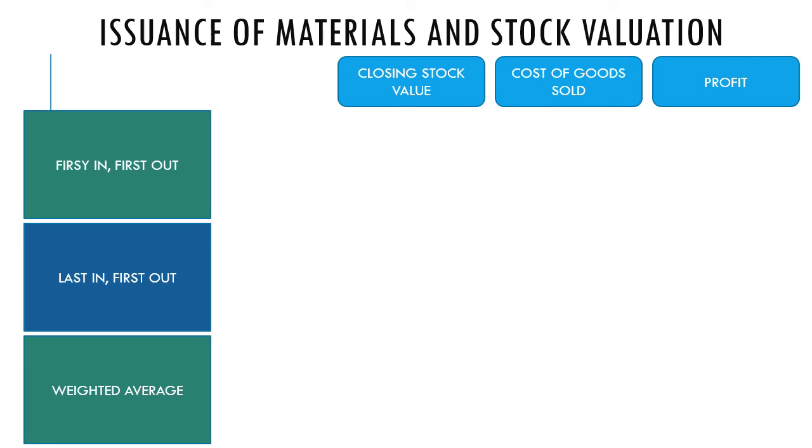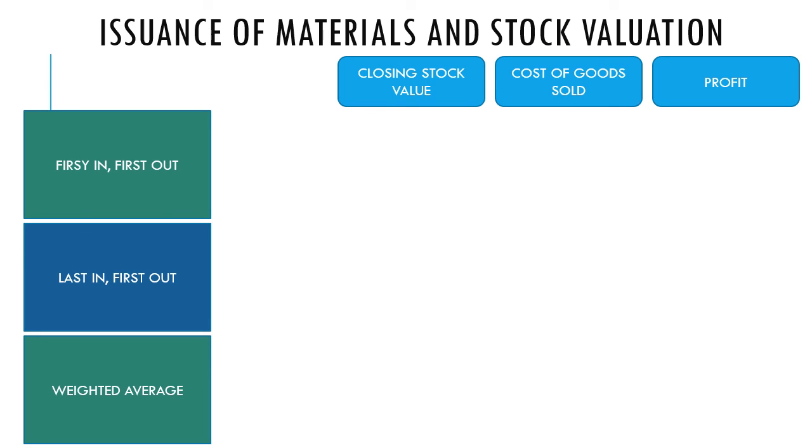Whenever you read through the question, sometimes the question doesn't clearly say which method to be used. But if you look at the first two questions that we discussed just now, we can clearly see that one question asks you to use the LIFO method, and the other asks you to use the FIFO method.